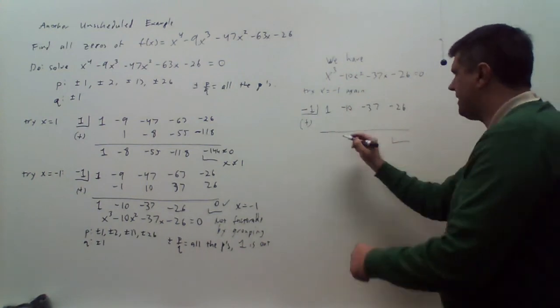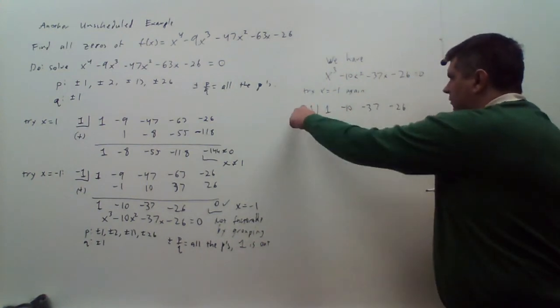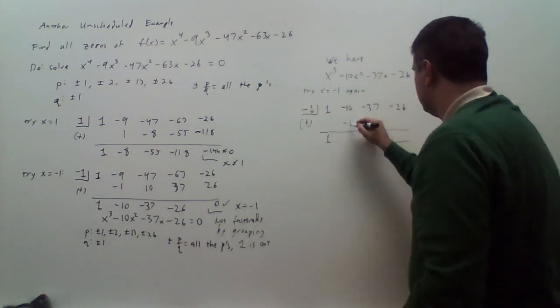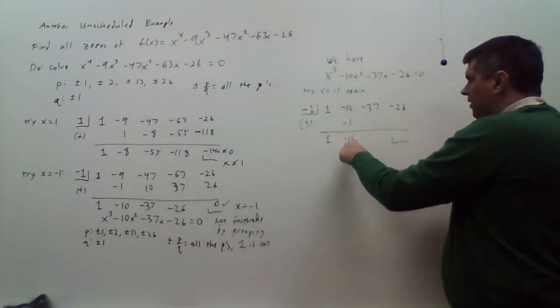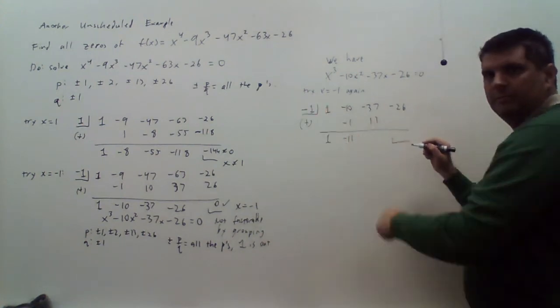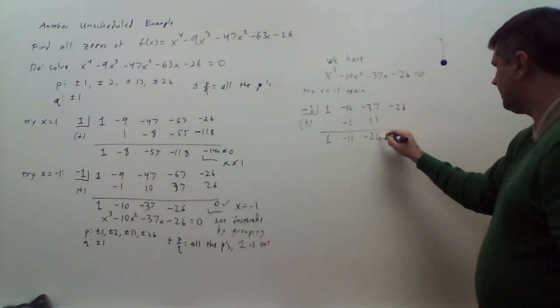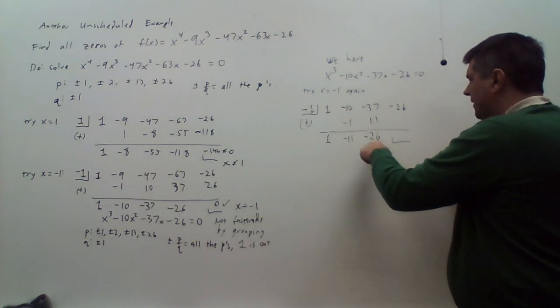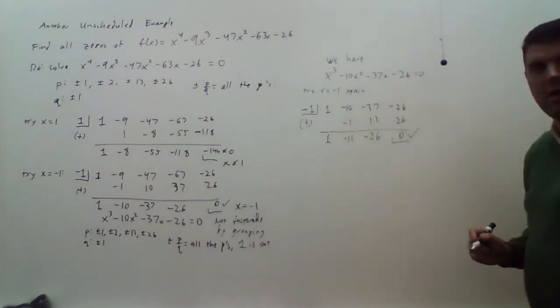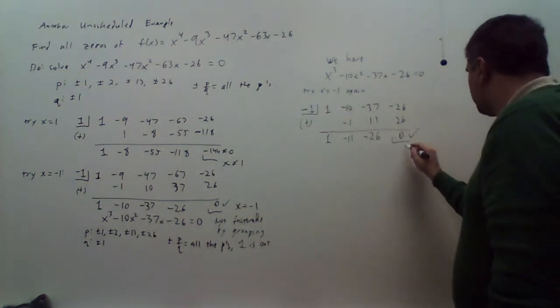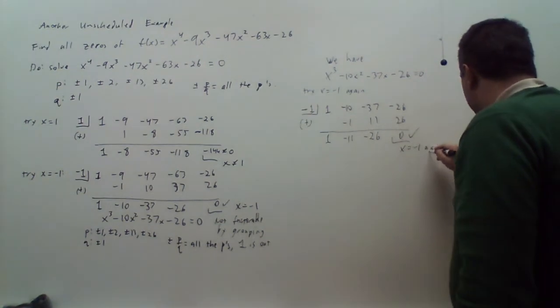I bring down the 1. Negative 1 times 1 is negative 1. That's negative 11. Negative 1 times negative 11 is positive 11. That's negative 26. Negative 1 times negative 26 is positive 26. That's 0. So we got 0 again. So x equals negative 1 again.